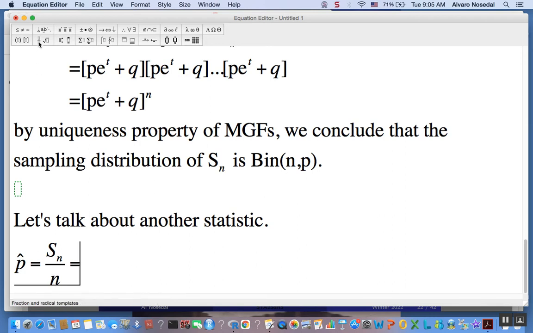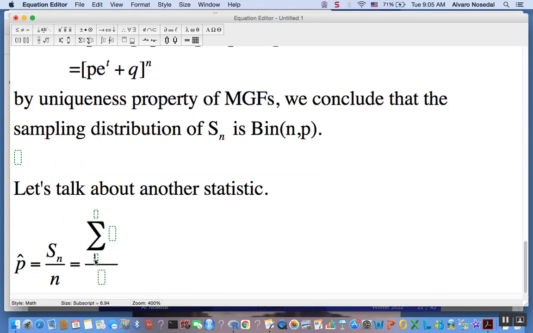So if we think about the way we defined our statistic Sn, that is equivalent to the sum of the xi's, and each of those xi's has a Bernoulli distribution, right?